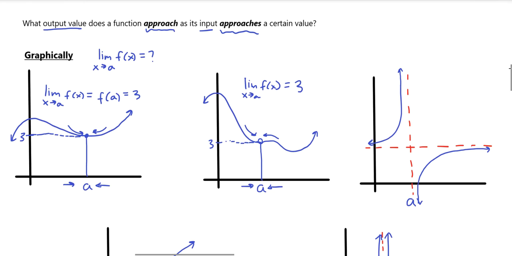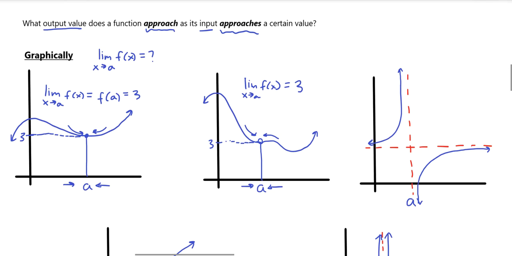All we're concerned about is what it's approaching. So this would still end up being 3. There's a removable discontinuity here, and as x approaches that a value, it's still going to approach the same y value that it would have if it was defined at that point.